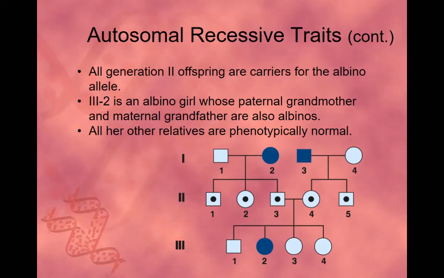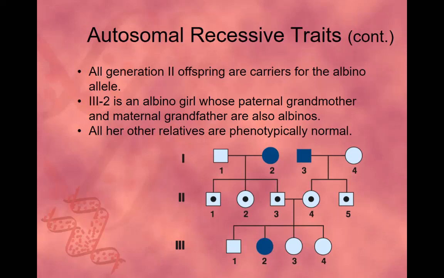If we take a look at individuals 2-3 and 2-4, these are the parents from the two separate families. They have children and they are both carriers. When we look at generation 3-2, we notice that 3-2 has whatever the issue is, in this case albinism, and they received it from their two parents, 2-3 and 2-4, who did not have albinism but were both carriers for that particular trait.